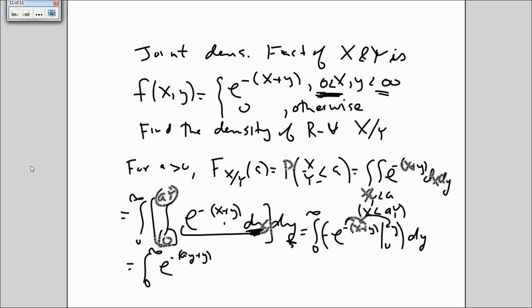And, okay, actually, I'm going to switch the limits to get rid of that minus. Somehow I didn't write down that minus. So first I plug in 0 for x, and 0 plus y is y, minus y. Minus, now I plug in the other limit, and I get e to the negative ay plus y, dy.